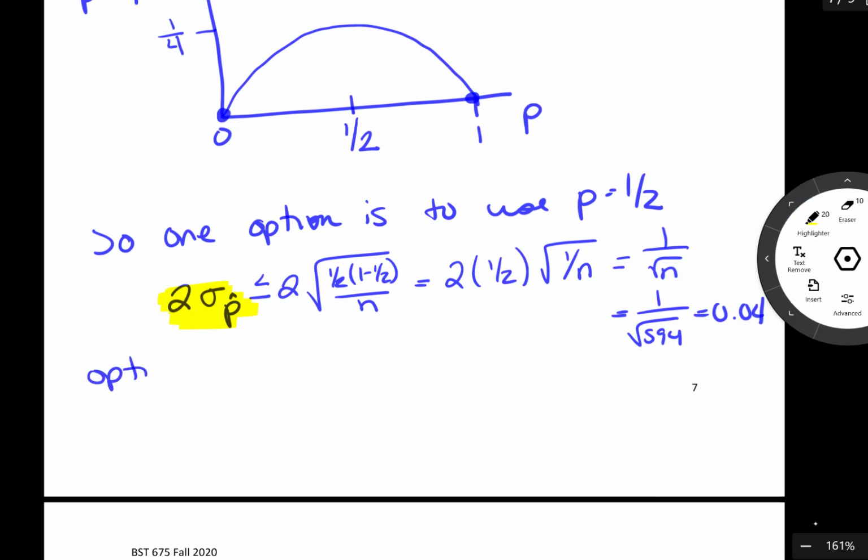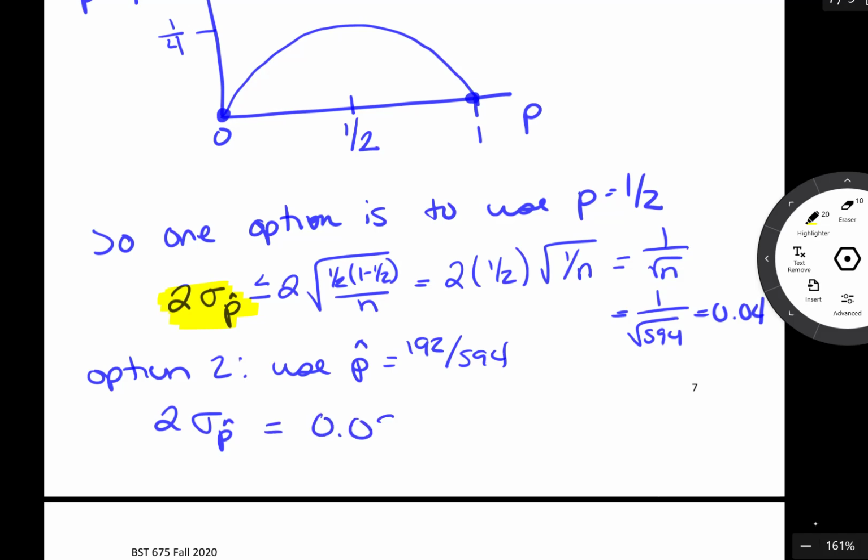So option 2, we could find our error bound using p hat. If you plug that in, you'll find this is equal to 0.038. So notice we do actually get something that is slightly less, because again, that 0.04 is the most conservative value that we could have.